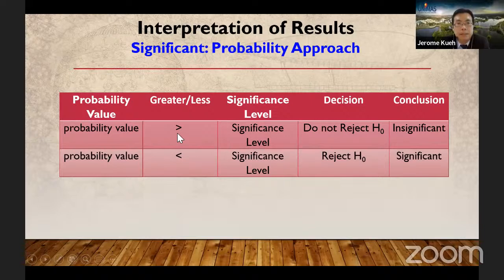When the probability value is greater than the significance level, it means that we do not reject the null hypothesis, so the conclusion is that the estimator is insignificant. On the other hand, when the probability is less than the significance level, we have enough evidence to reject the null hypothesis, and we conclude that this variable is statistically significant. So that is the probability approach.